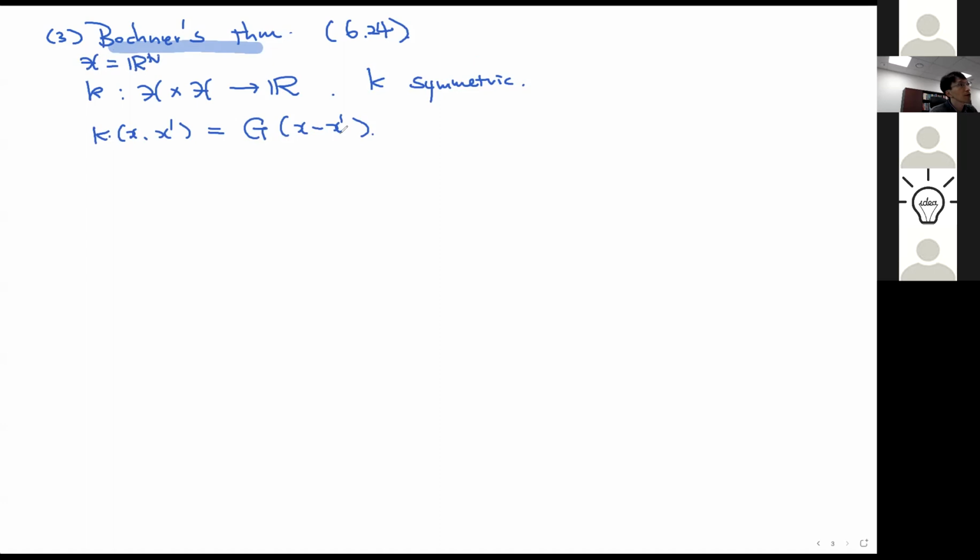So we can compute the difference, and g can be applied here, for some g which is a mapping from R^n to R, such that g satisfies two properties. One is that g is continuous.